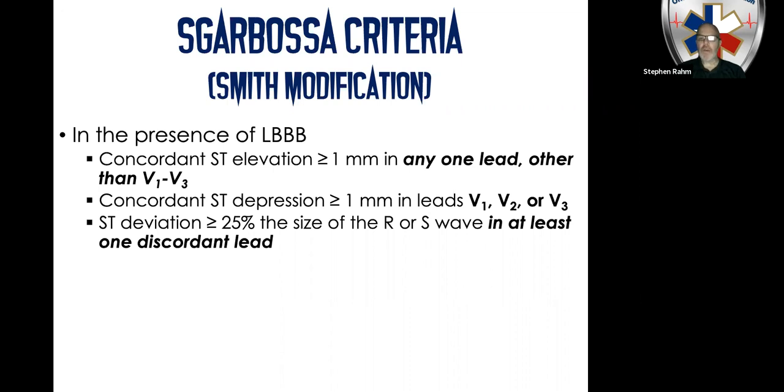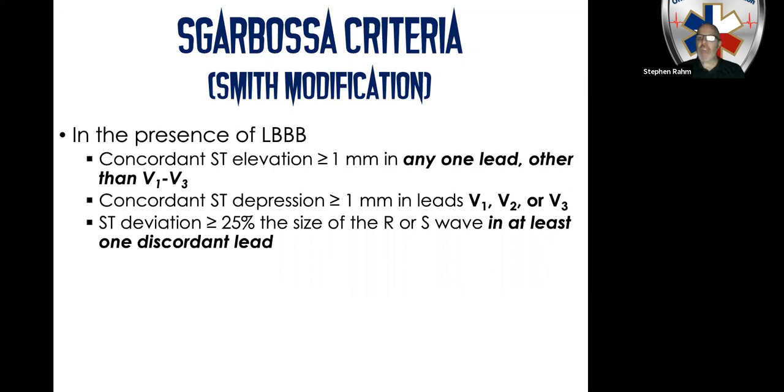The second criteria is when you turn your attention to leads V1, V2, and V3. So remember, in those leads, you would expect there to be discordant ST elevation. You'd expect the QRS complex to be going down and the ST segment to be going up. Well, if you were to see the ST segment going down as well as the QRS, then you have concordant ST segment depression.